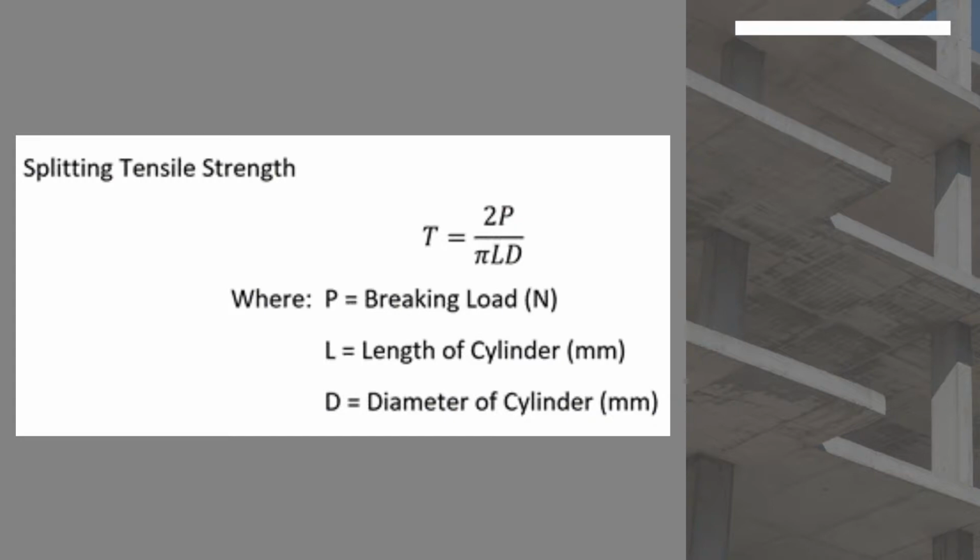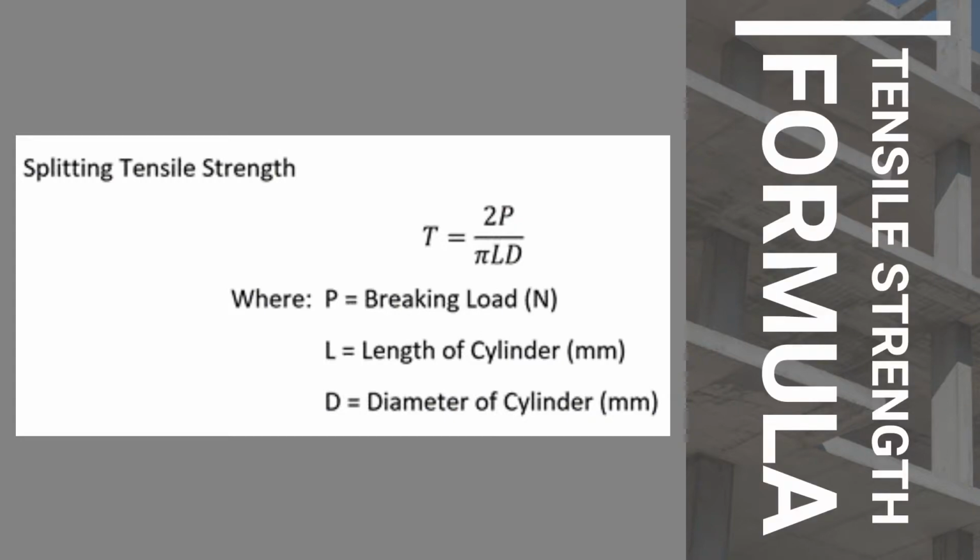Computation. Splitting tensile strength formula is 2P over pi LD, where P is the breaking load with the unit of Newton, L is the length of cylinder with the unit of millimeter, D is the diameter of cylinder with the unit of millimeter.